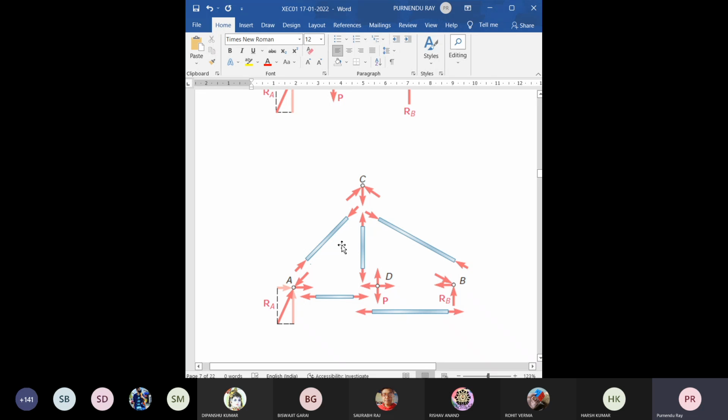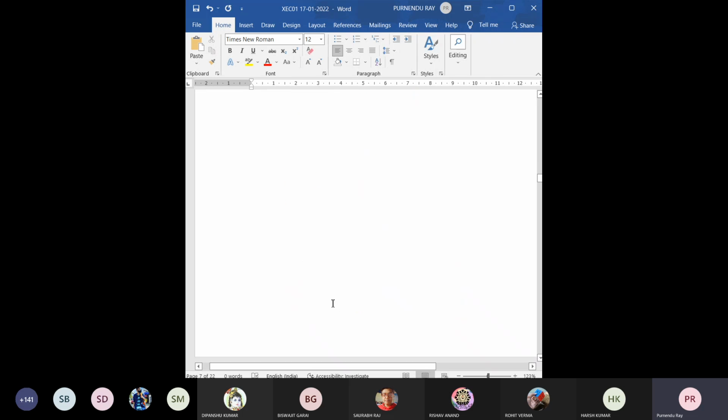So we consider a uniform direction for all joint forces: either tensile forces or compressive forces. At the end of the calculation, if you find anything negative, it will be opposite to the direction you have considered. So at A, develop reaction RA and the other two forces along the member AC and along the member AD.